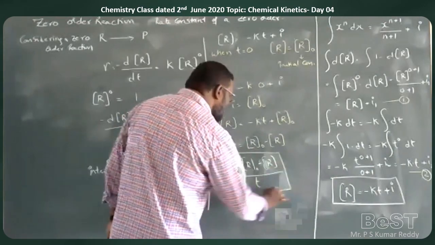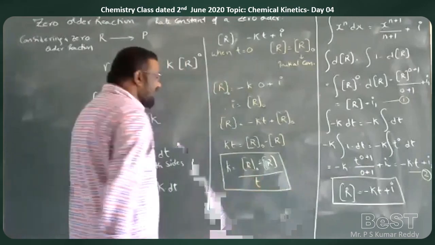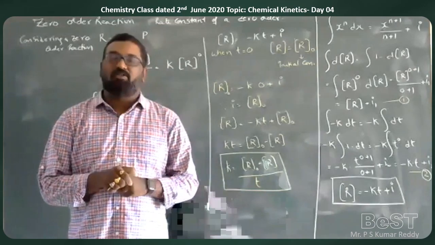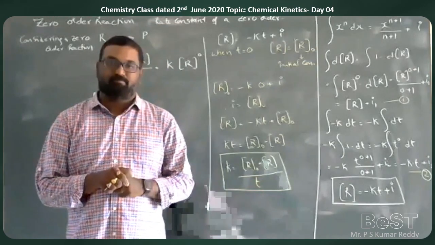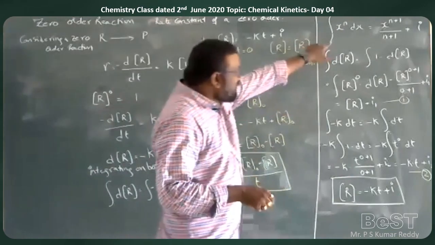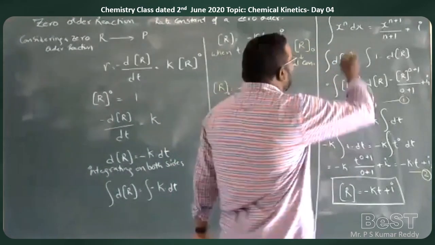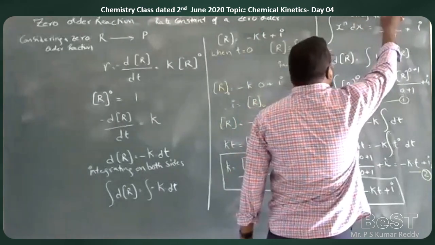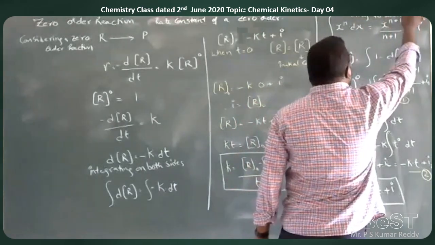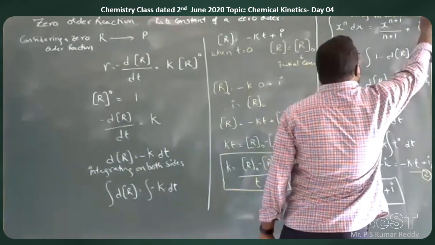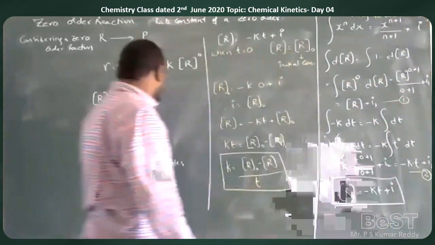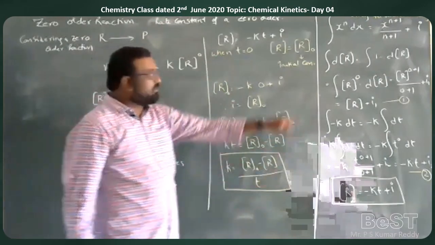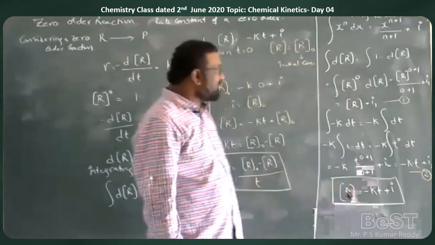This is called the formula for the rate constant of a zero order reaction. So this working what we have done is only for our understanding. You need not write it in the exam. Directly after integration, you can go to this step and continue. This is only to make you understand. I have written this in mathematical equations.